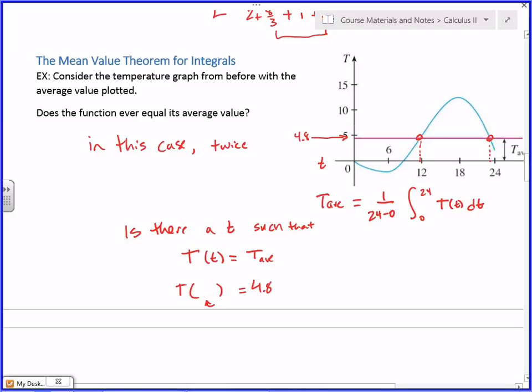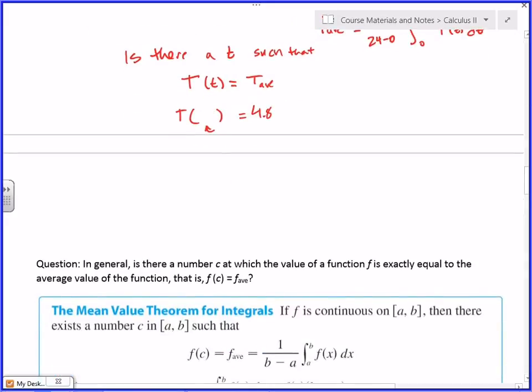I'm just asking, in general, if we take any function and find its average value, are we guaranteed that the function passes through its average value? And the one condition that makes that possible is continuity. If I don't have a continuous function, then that might not work.